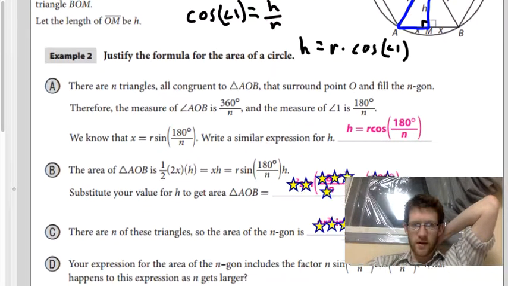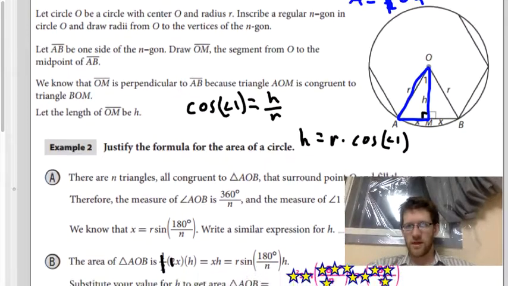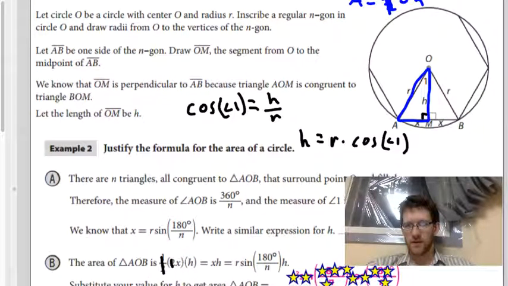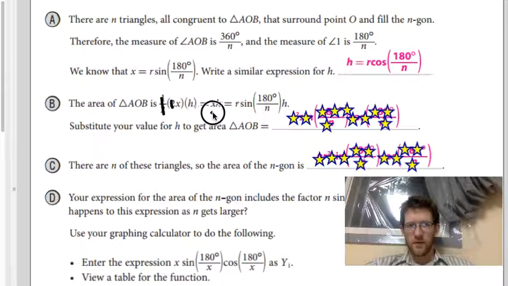Okay, and then we come up with our area formula, 1/2 base times height. Remember, these ones cancel. It just gives us x times h. That gives us the area of the big, not the blue triangle, but the big one here, the double triangle. So we know that x is r times the sine of 180 over n, times h. And then we can just plug in our new value for h.